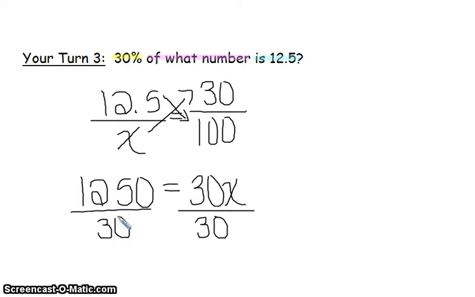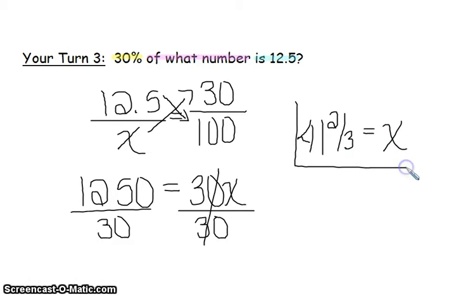And you do get a decimal here, and when you type this in, it is a repeating decimal, so please make sure that you change this to a mixed number. You will get 41.6 repeating, which is 41 2/3. So please make sure that you write that as a fraction, and that's equal to 1x. So 12.5 is 30% of 41 2/3.